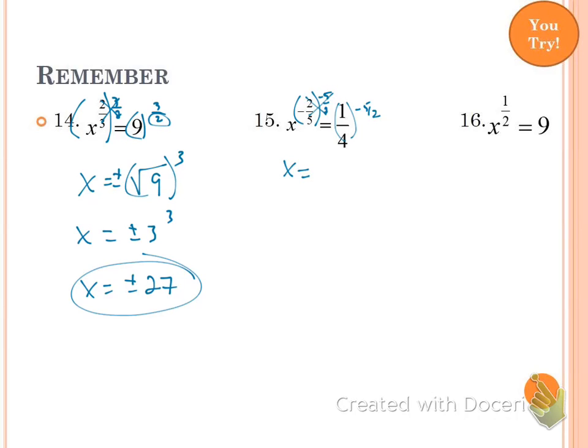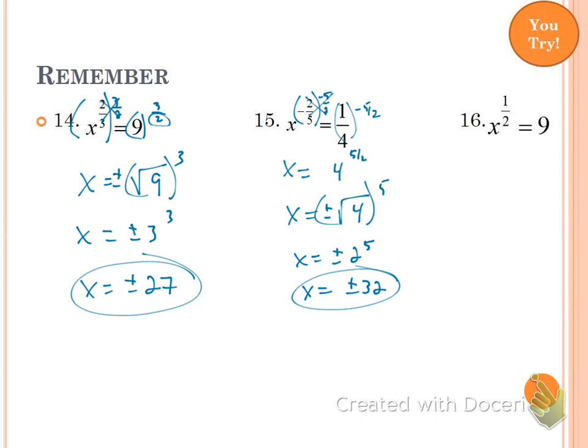Well, first of all, I'm going to flip the 1/4 over to make that 4 and make the exponent positive, so 4 to the 5/2. Don't forget that when we square root the 4, we have to take our plus or minus and raise that to the 5th power. Square root of 4 is 2. 2 to the 5th is 32. And don't forget your plus or minus.